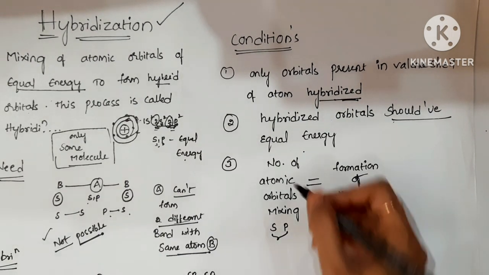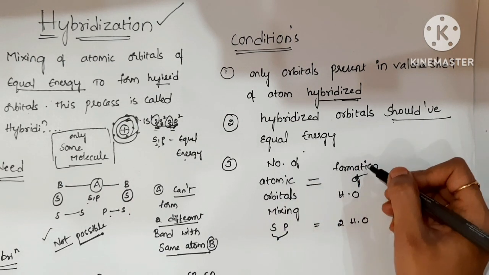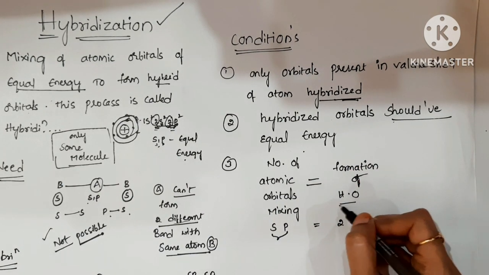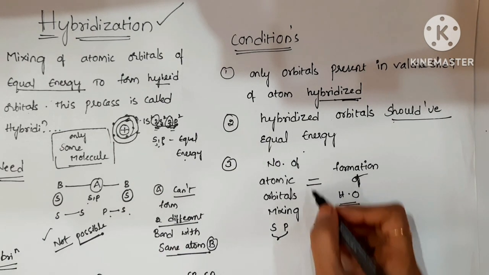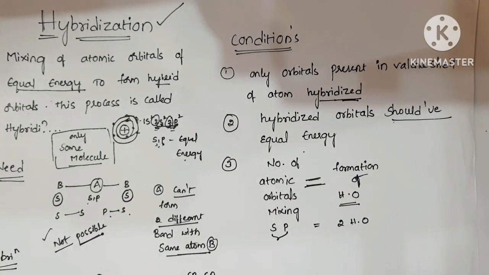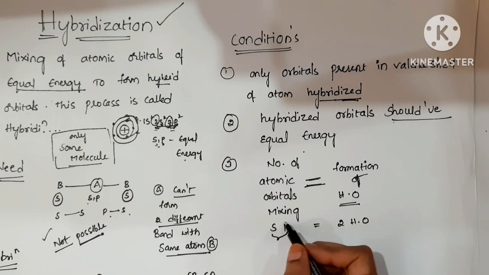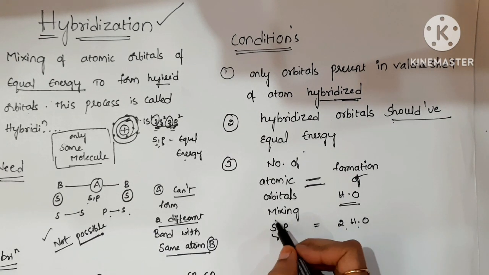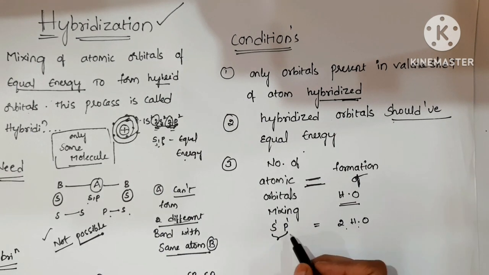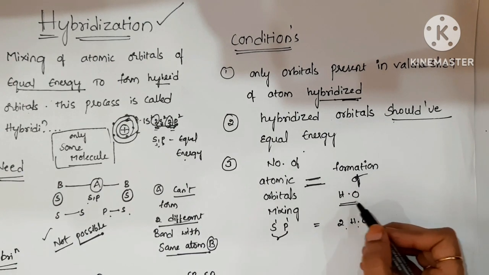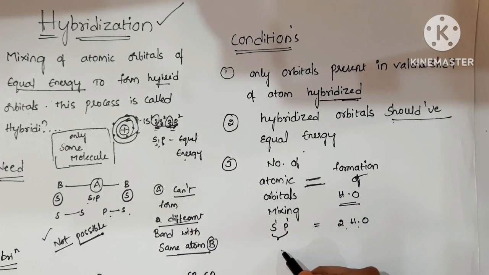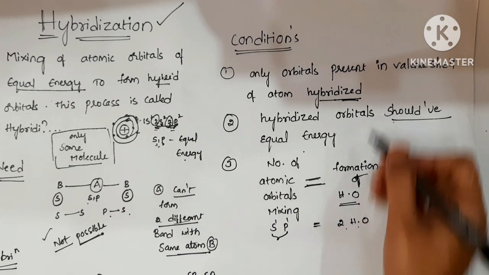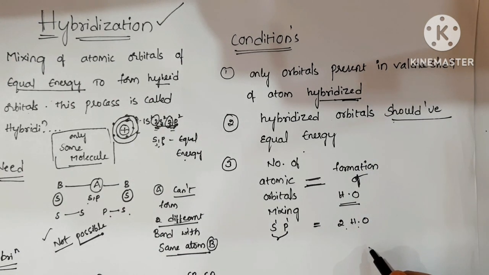The number is equal. Why? Because 1 plus 1. These are the conditions for hybridization, right?